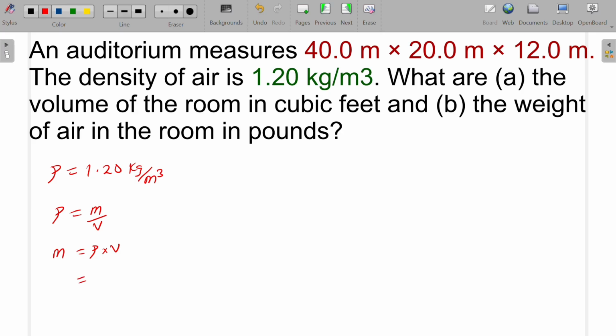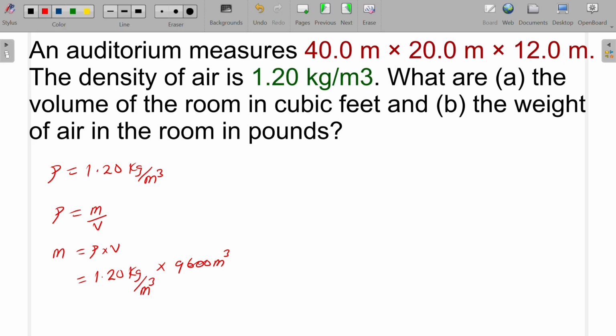So our density is given to be 1.20 kgs per cubic meter, multiplied by, remember, the volume we found in the first part, 9,600 cubic meters.